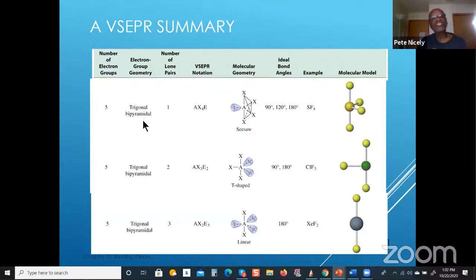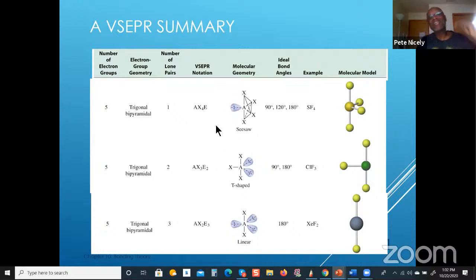The electron geometry is still trigonal bipyramidal. This time, the VSEPR notation is AX4E, and the shape of the molecule will be what you see right here. We call this a seesaw shape. If you compare what we saw earlier to what we're looking at here, we had an X here.